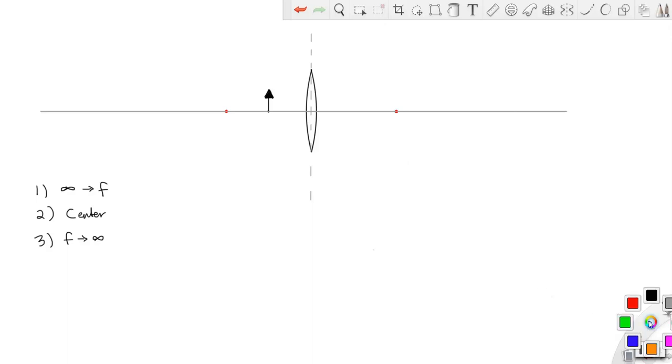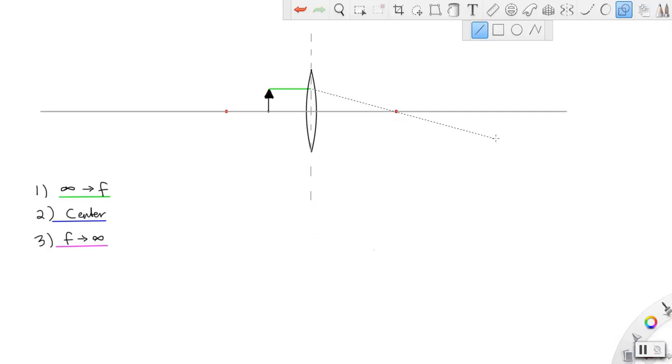We'll color code these so that we have the first one in green, the second one in blue, and the third one in purple. So the green one's not going to be too bad. Again, we have a parallel ray that when it strikes the optical plane goes to the focal point on the other side.